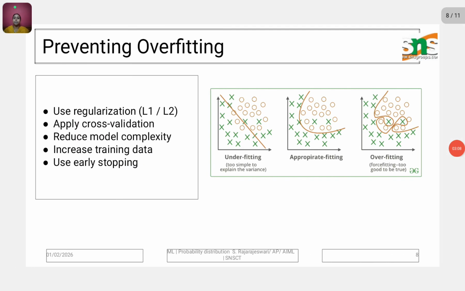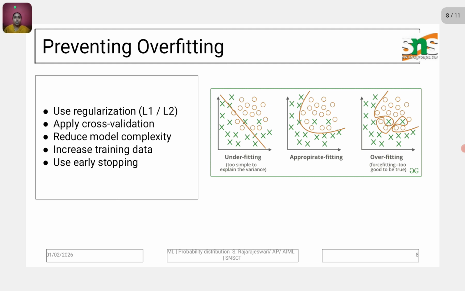Next, to prevent overfitting, use regularization methods, which are L1 and L2. Apply cross validation to classify the labeled data, to identify whether it is overfitting or underfitting. Underfitting is too simple to explain the variance, and overfitting is force fitting, too good to be true.